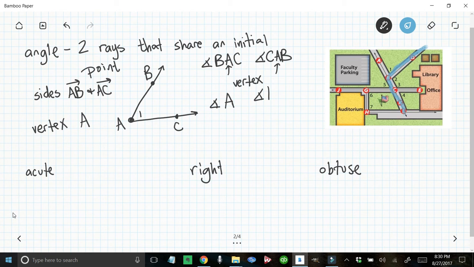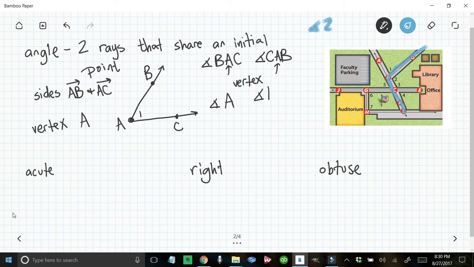Well, that vertex is B, but I can't just use the one letter B because there's another angle here with that same vertex. So there's a lot of different ways I can name this angle. The easiest way would just be calling it angle 2 because of this 2 here.